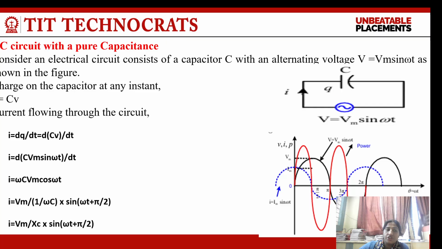So when we put the value of Q in this equation, we get I equals omega C Vm cos omega t, and the denominator is nothing but the numerator. So when we substitute, we get I equals Vm by Xc sine of (omega t plus pi by 2).